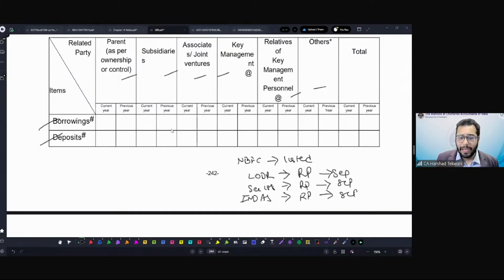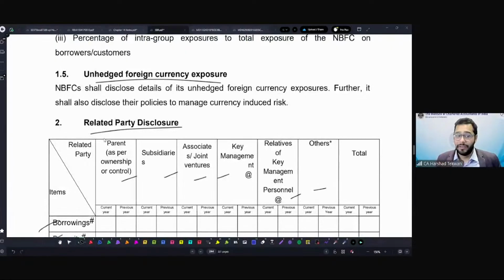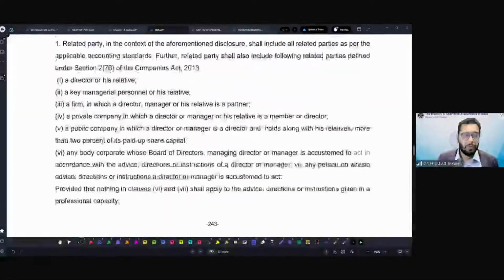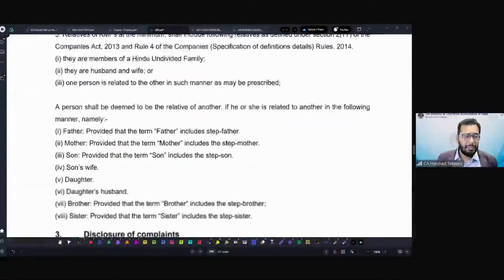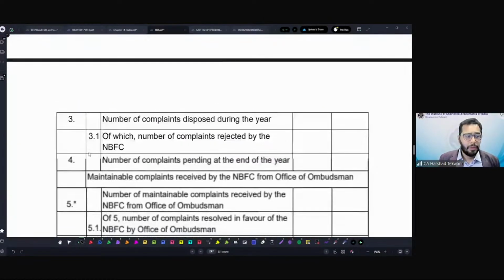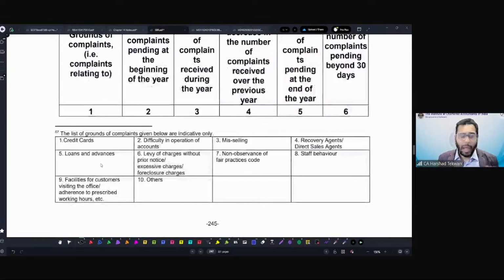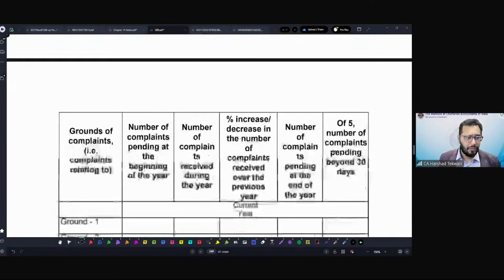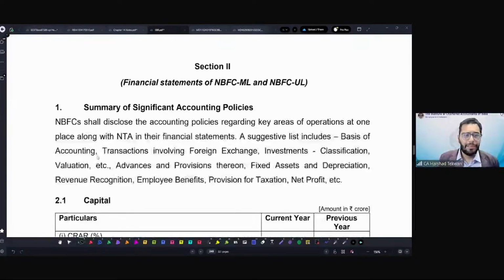Again, that is separate. But when it comes to master direction, this is over and above that particular reporting requirements in the related party sector. Okay, there are other multiple reporting requirements. For example, disclosure of complaints. Now, how this reporting is given, like we are going to the reporting, but how these reportings are given.